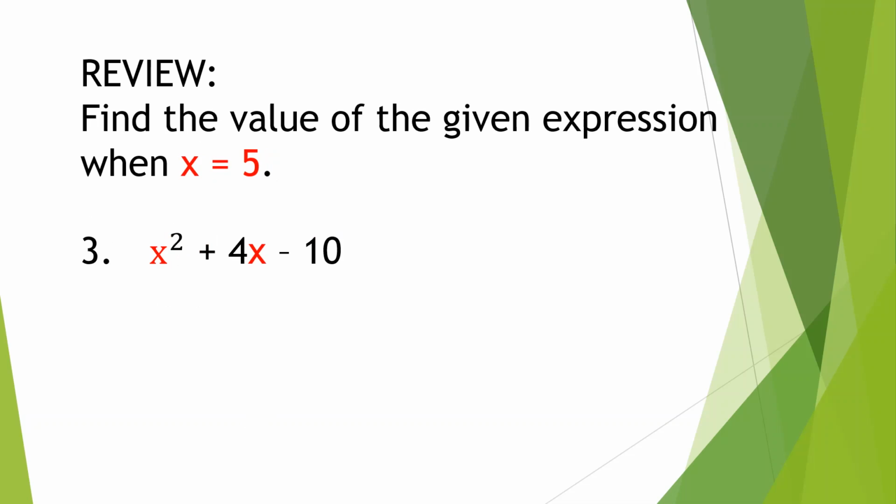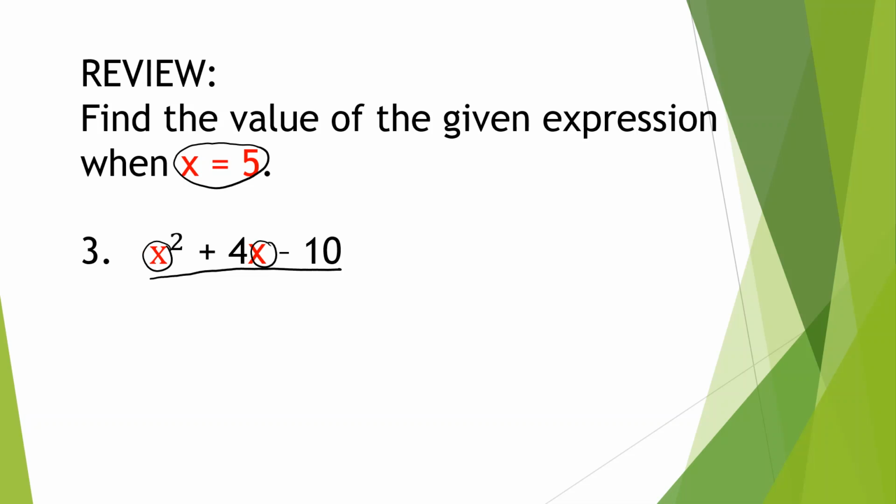Number 3. Find the value of the given expression when x is equal to 5. The expression given is x squared plus 4x minus 10. Since x is equal to 5, we will replace all x with 5 in the expression.